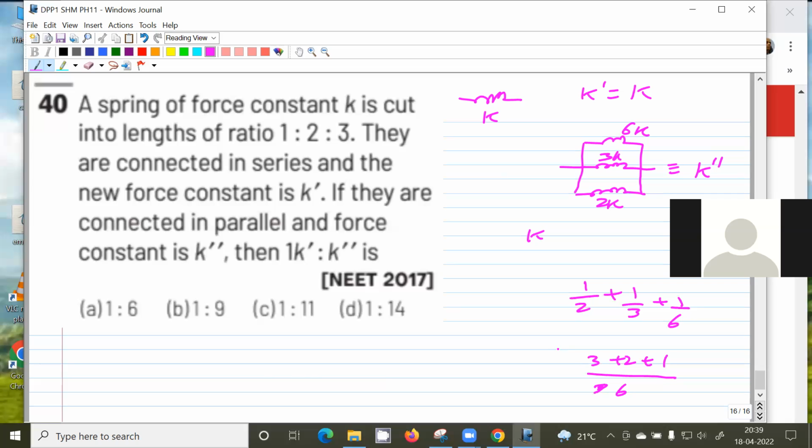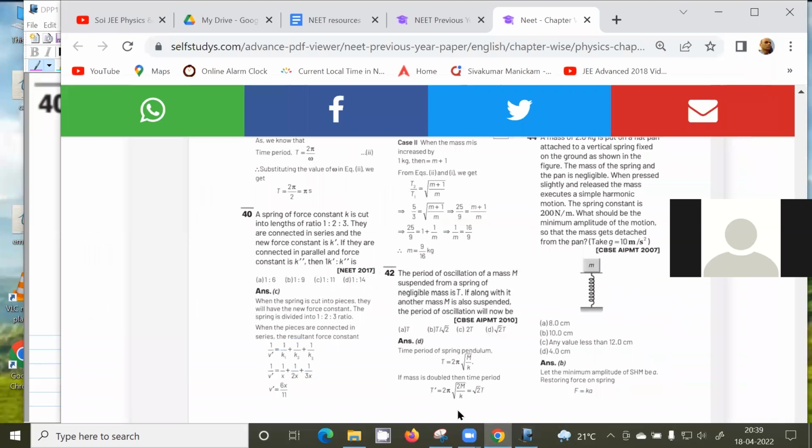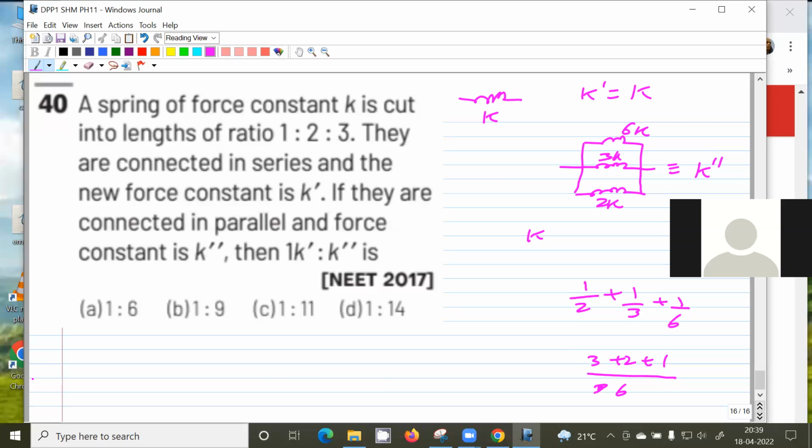Option B. I think that... no, C. The spring constant changes for different lengths of the spring, sir.